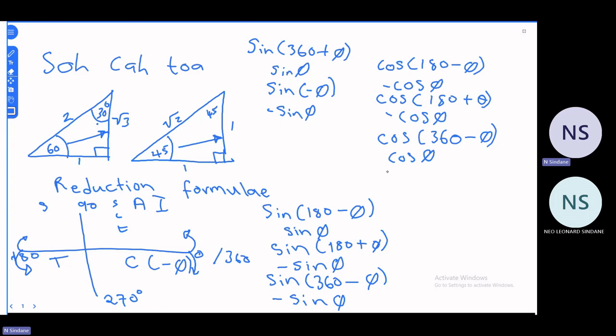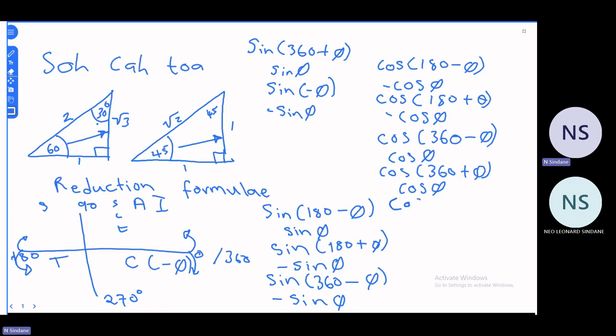Then when you say cos of 360 plus theta, I'm forcing this line to go to the first quadrant. In the first quadrant, all sine, tan, and cos are positive. So in this case, you'll have positive cos of theta, right?